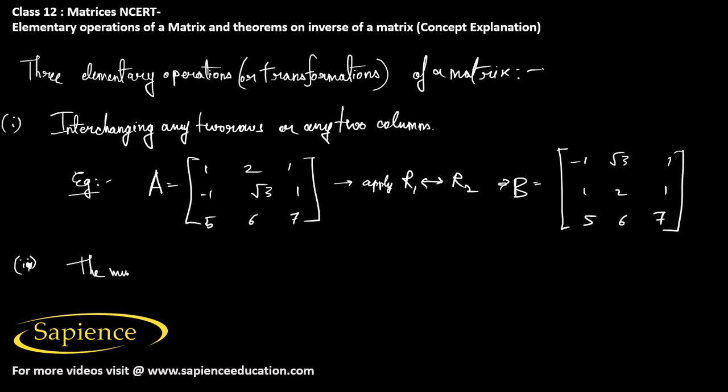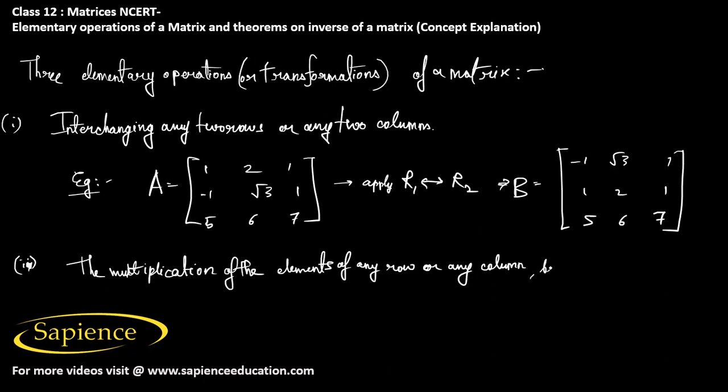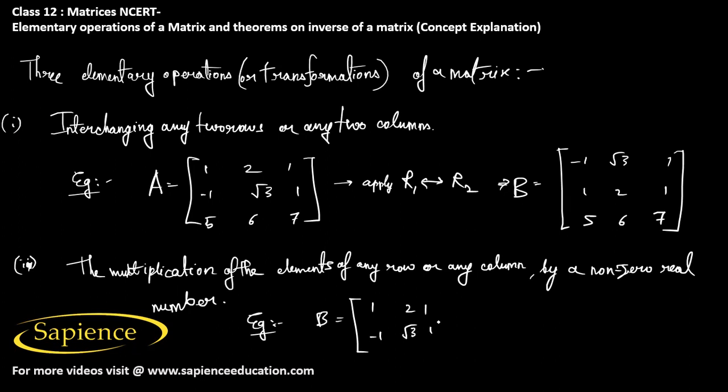Suppose we have the matrix B, which is 1, 2, 1; minus 1, root 3, 1.